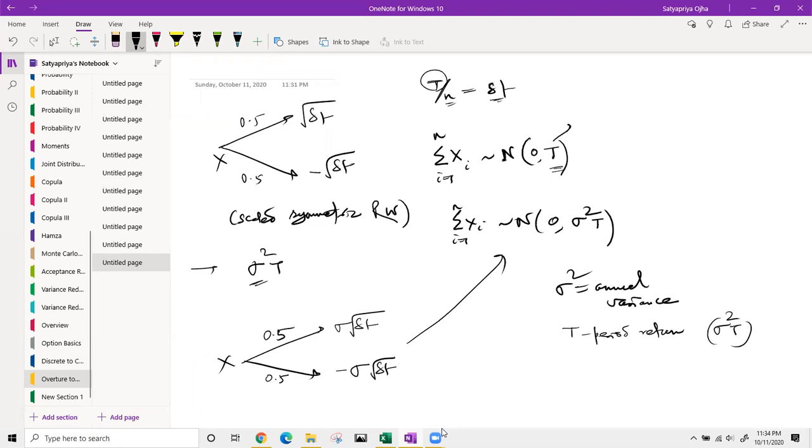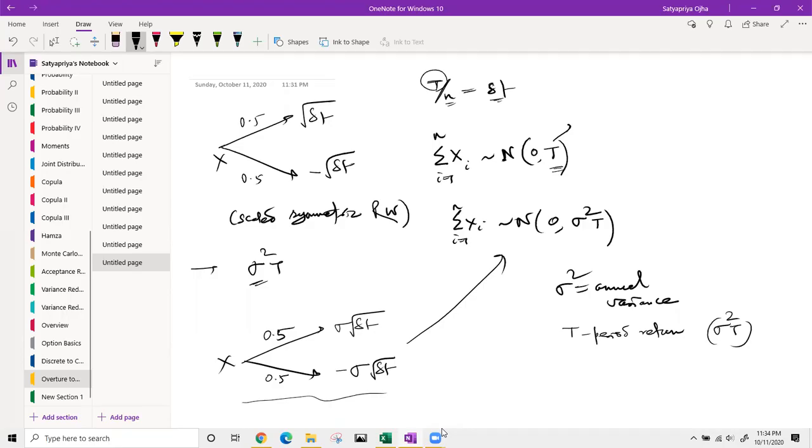Mean also scales with time. Here we are dealing with mean 0, so 0 remains 0. So we are getting close to the real modeling. Our returns, we can all model like this in discrete fashion. Two states: up move, down move.